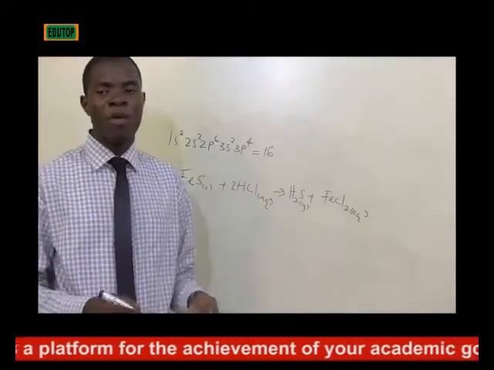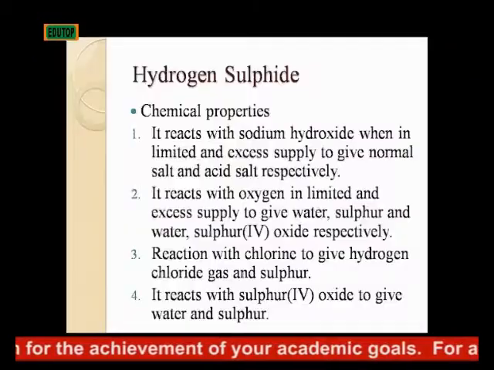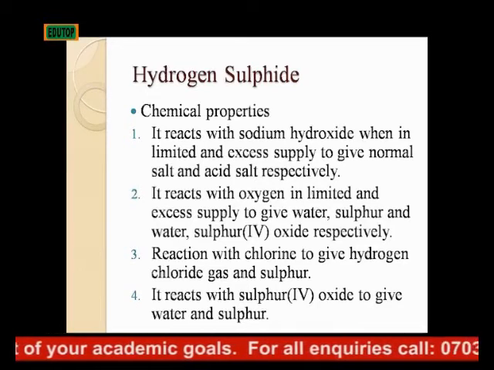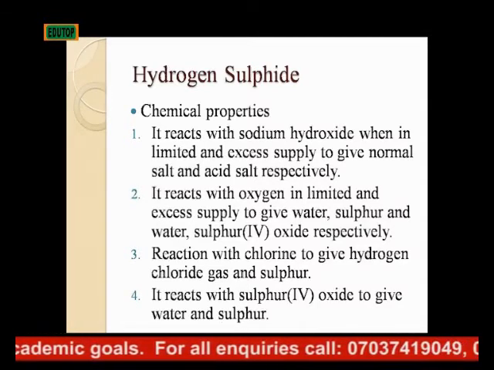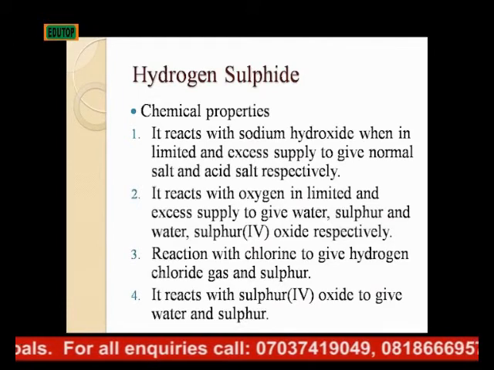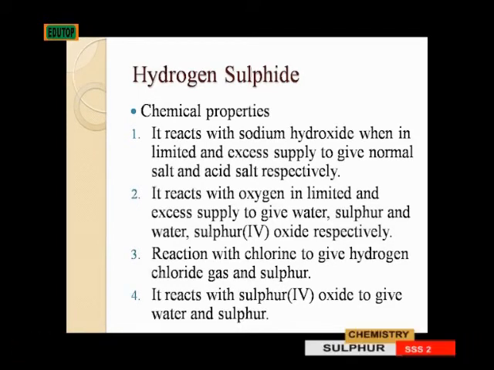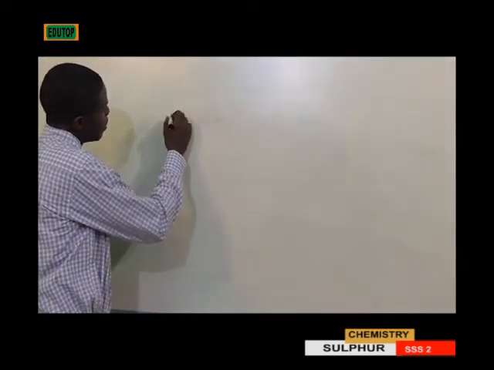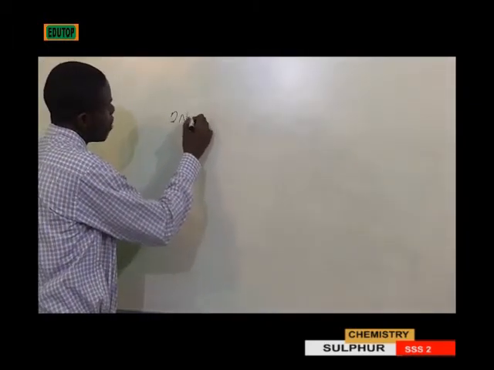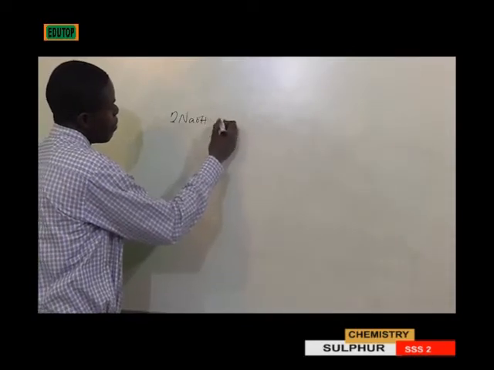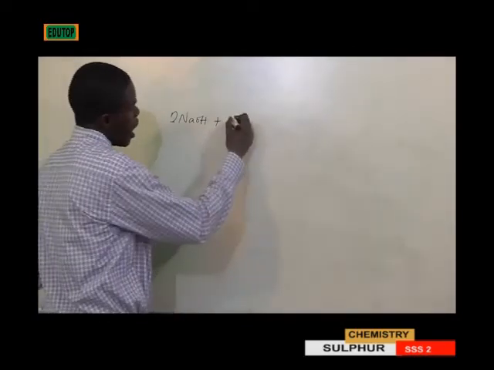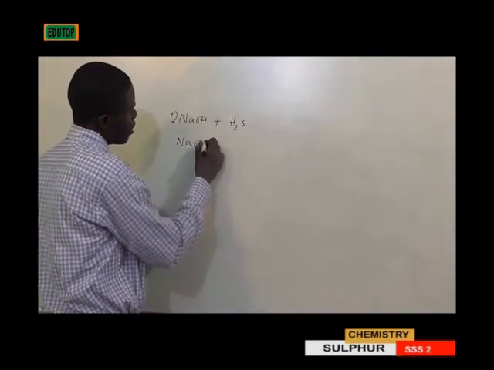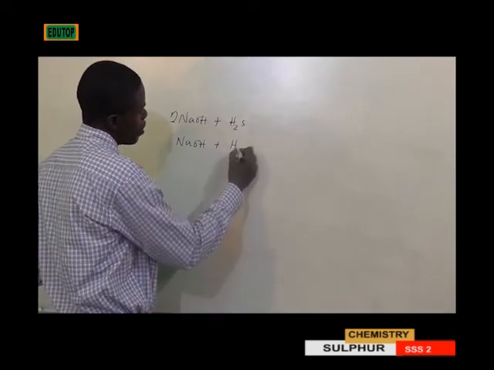Hydrogen sulfide, chemical properties. 1. It reacts with sodium hydroxide when in limited and excess supply to give normal salt and acid salt respectively. And this is the reaction to justify that. 2 moles of sodium hydroxide plus hydrogen sulfide, and sodium hydroxide plus hydrogen sulfide.